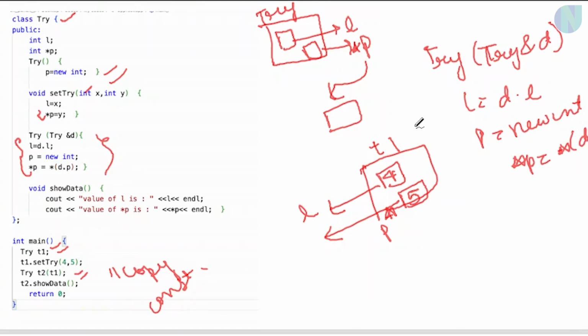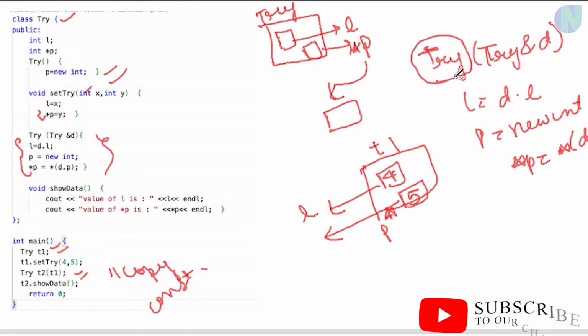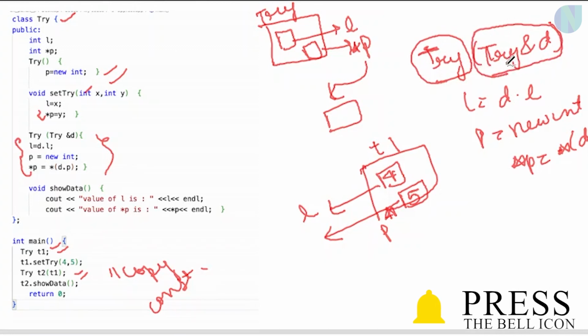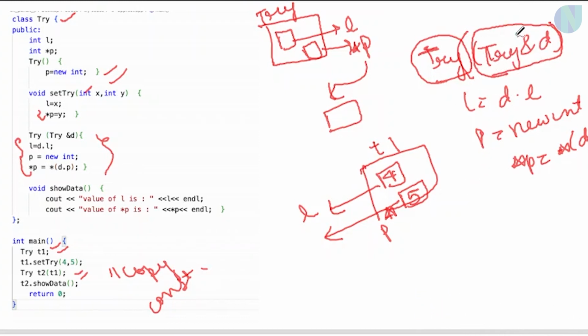Now let's have a quick look at this code. As you can see, we are writing the class name as the constructor name, and the class name should always be the same. Since it is a copy constructor, we need to give a type of object. So we are providing an object of type try, where try is the class.